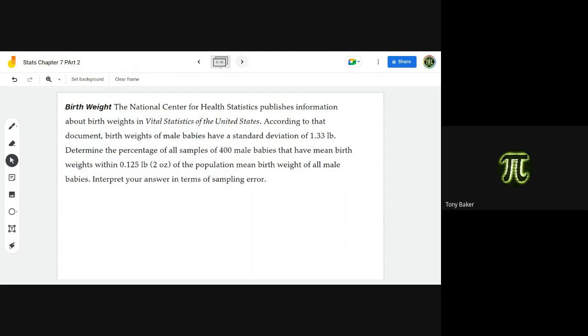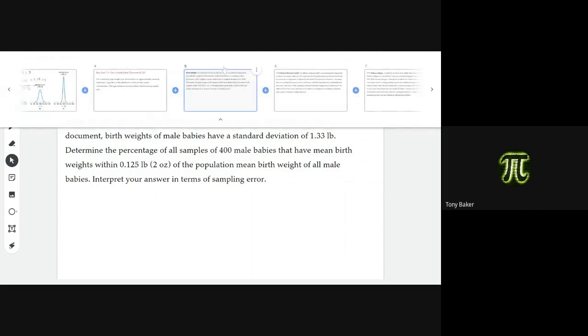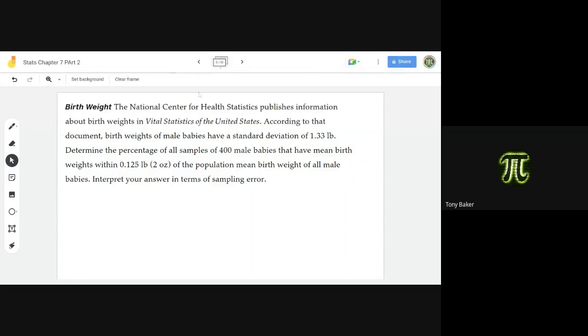All right, let's look at some problems. So, birth weights. According to the document, birth weights of male babies have a standard deviation of 1.33 pounds. They want to determine the percentage of all samples of 400 male babies that have a mean birth weight within 0.125 pounds of the population's mean birth weight.